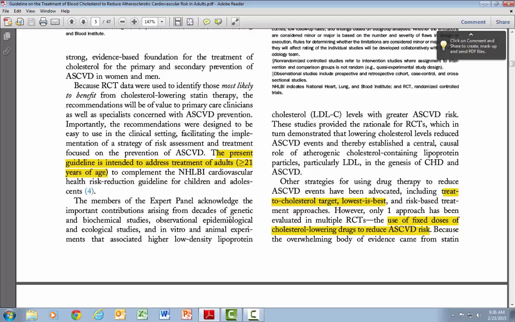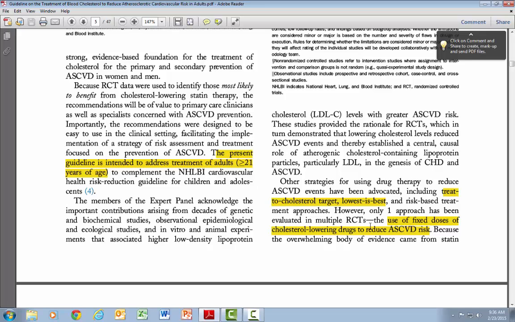So basically it's by age, and also to try to treat the cholesterol to the target, to lower it at best, but it never approaches numbers for an LDL value.